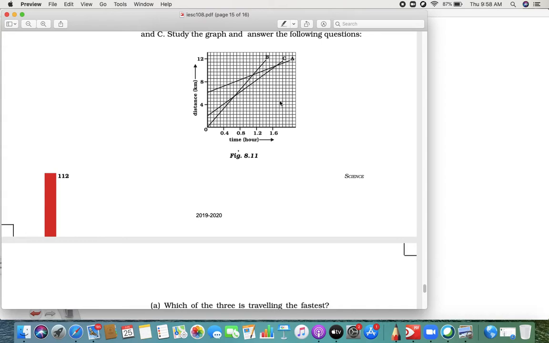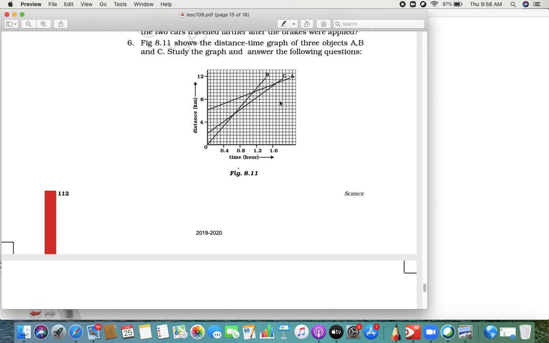Now, how do you find which one is traveling the fastest? So simple. In a race, you always say that the one who has taken less time to complete the path is the fastest. So if you see here, they all start at this point, and in order to reach the distance, you have to see the height, that is the distance, right?